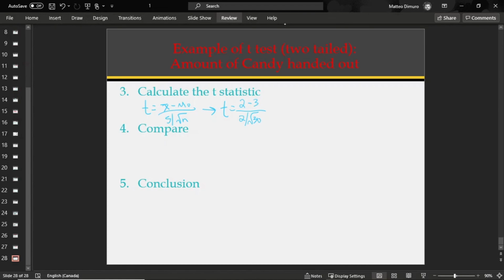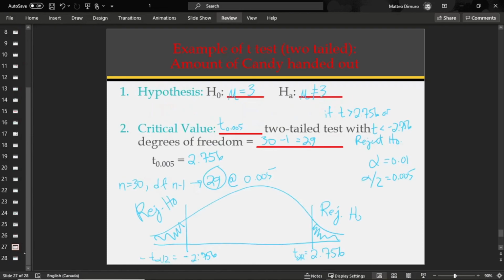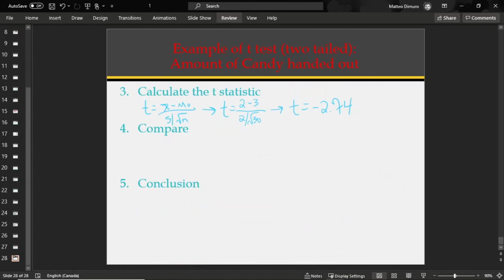Go ahead, pause your video, plug that in a calculator, you get negative 2.74. Now, having the picture can really help because 2.74, I got negative, so I'm just over here. So it seems like I'm in the accept H0 region. I can kind of visually confirm that.